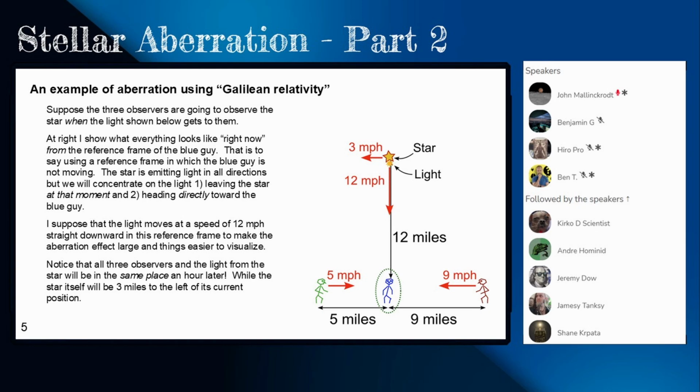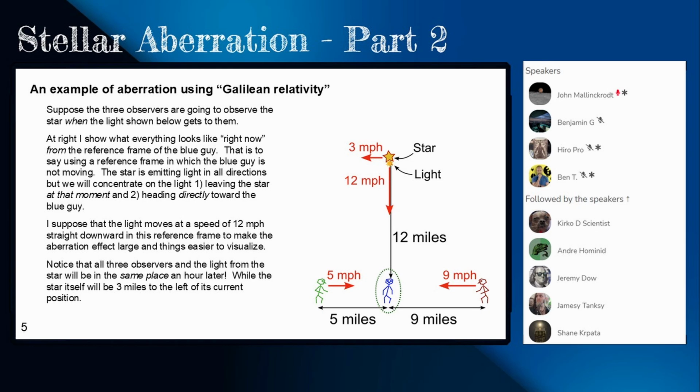So I hope you can all see what's going to happen an hour from now. If there's any questions on what's going to happen an hour from now, you can ask. But let me just be clear about a couple things. The star is emitting light in all directions. It was emitting light before it got to that position. It'll emit light after it got to that position.